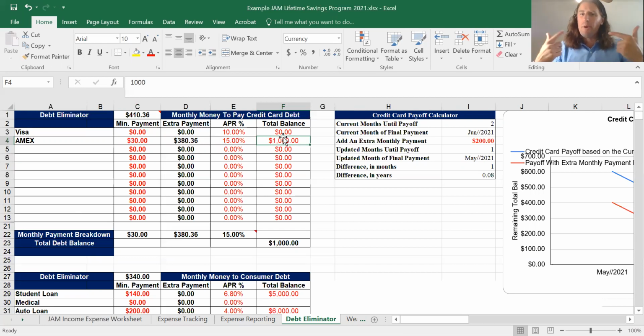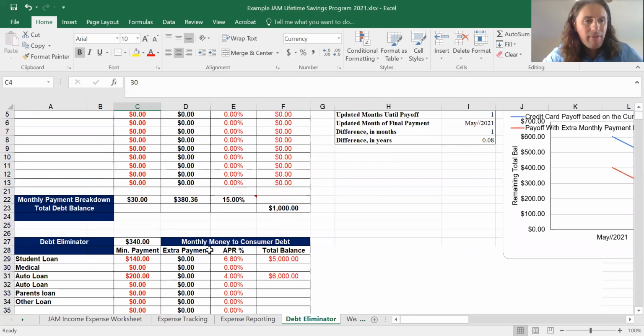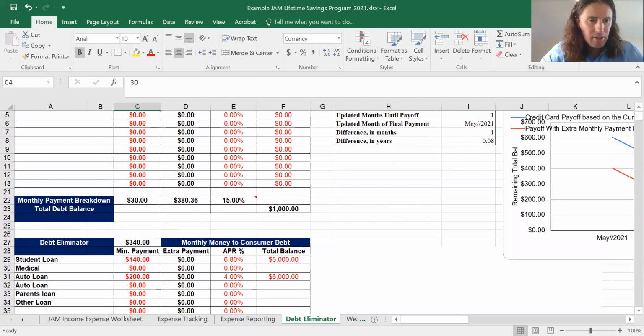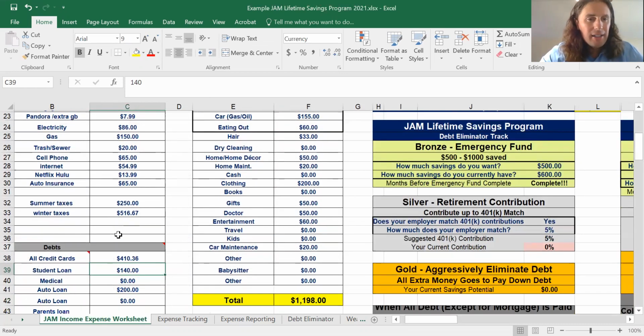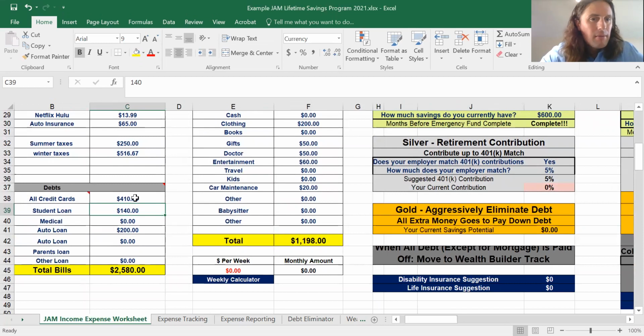So now you can see we're building momentum. And as one credit card minimum payment peels off, it gets moved down to the next section of the debt eliminator. So let's just keep going, because this kind of gets me excited, seeing that progress. This goes back now down to 0, which is beautiful.